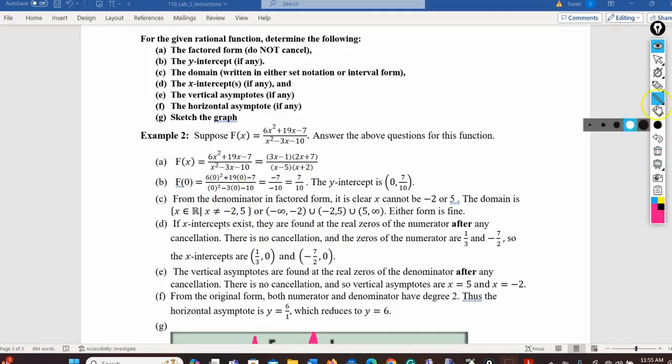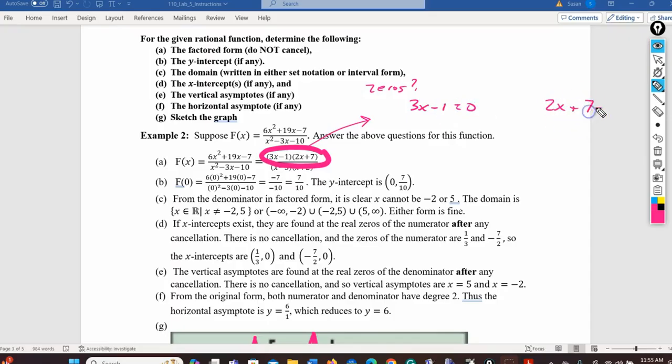Now, if x-intercepts exist, they're found at the real zeros of the numerator after any cancellation. There's not any cancellation. Now, for x-intercepts, where are the zeros? Well, the zeros happen when either factor is equal to 0. But you have to have that in terms of what x can be. So here, add 1 to both sides, then divide both sides by 3.